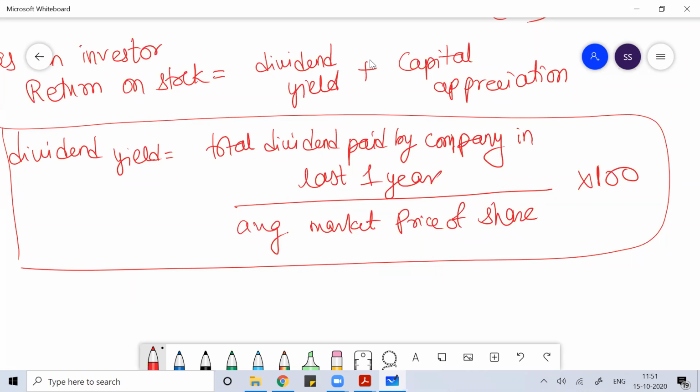But in the case of an equity instrument, you give ownership to the other individual. So in case of an equity instrument, the payment of dividend is not a compulsion for the company. If the company wants, they will give dividend. If the company does not want, they will not give dividend.